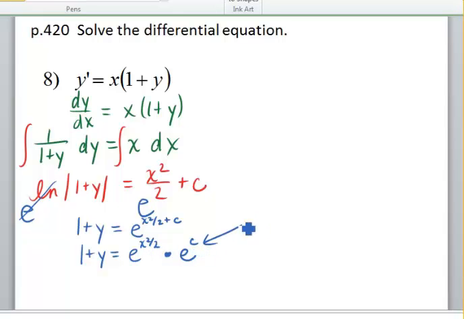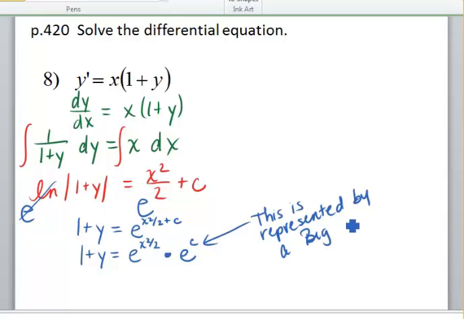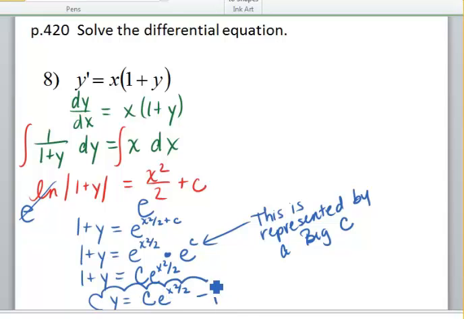This is represented by a big C. So they'll rewrite this as just C e to the x squared over 2. And then the last thing they'll do is they'll solve for y. So they get C e to the x squared over 2 minus 1 as their final answer. This is how your answers are going to appear in the back of the book. This is how the answers will appear on that AP test.